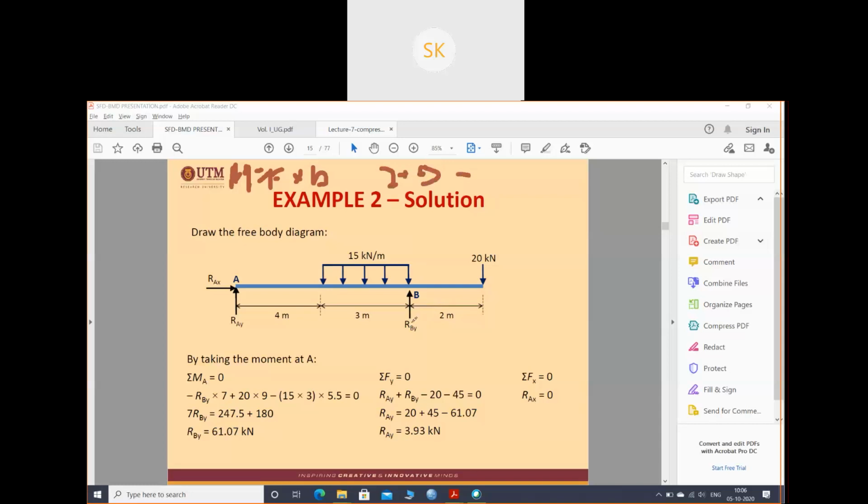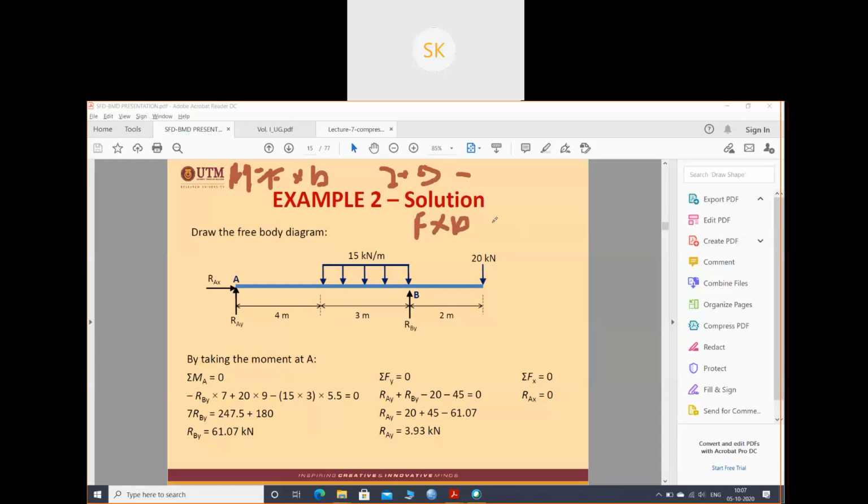So RBY is giving me anti-clockwise moment, so I'm taking minus RBY into this distance. And this 20 will give me clockwise moment. That's why I'm taking positive 20 into the distance, which will be 4 plus 3 plus 2, 9 meters. Done. Then this 15, see, this is the downward direction. Sorry, it will give me a moment in the anti-clockwise direction, right? So minus.